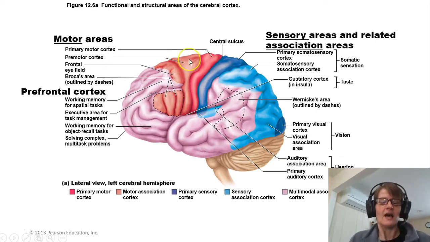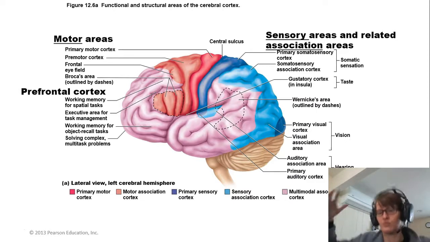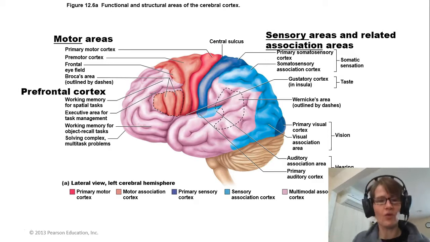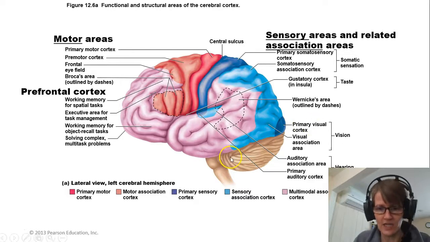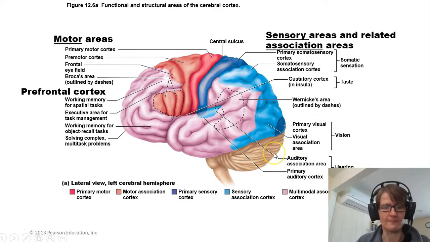Okay? I said earlier that balance is done in the cerebellum, and that would be it. So I could actually keep my balance on this ball, because I'm sitting on a ball. Then all that balance stuff for me to actually hold my core muscles correctly, that would be more done in the cerebellum.